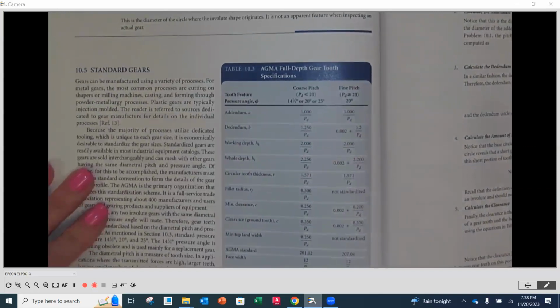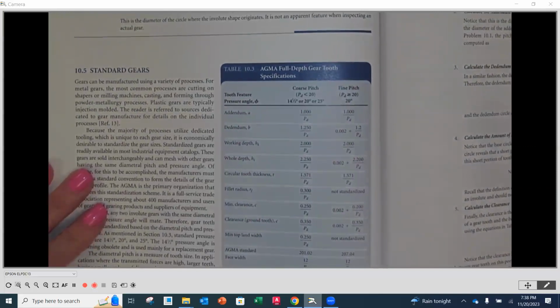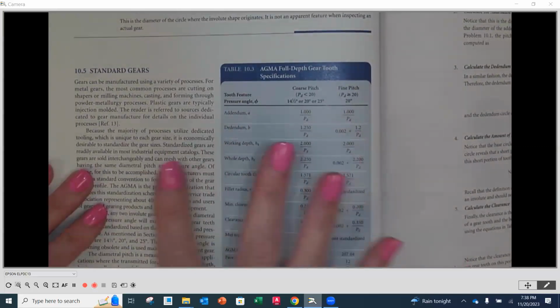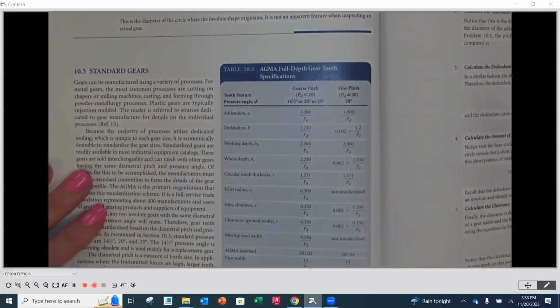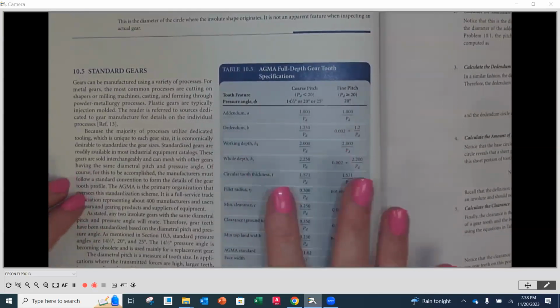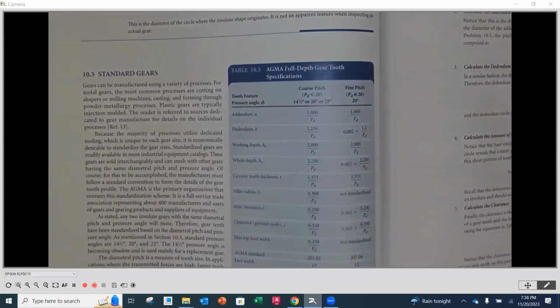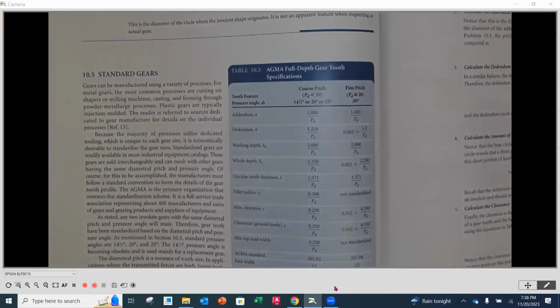But luckily for us, with CAD programs like SolidWorks and Creo, all we have to do is put in a couple of parameters and it automatically creates it for us. So we won't worry about creating drawings to try to draw an involute tooth, because technology will do it for us nowadays.